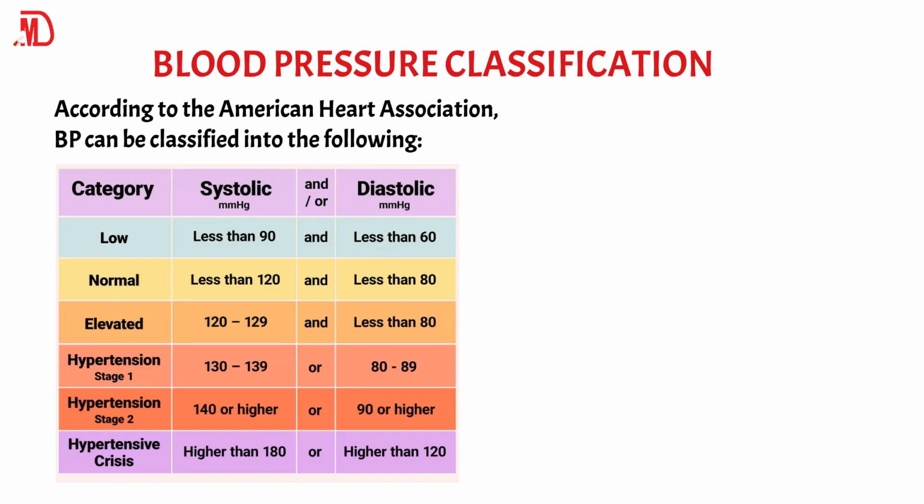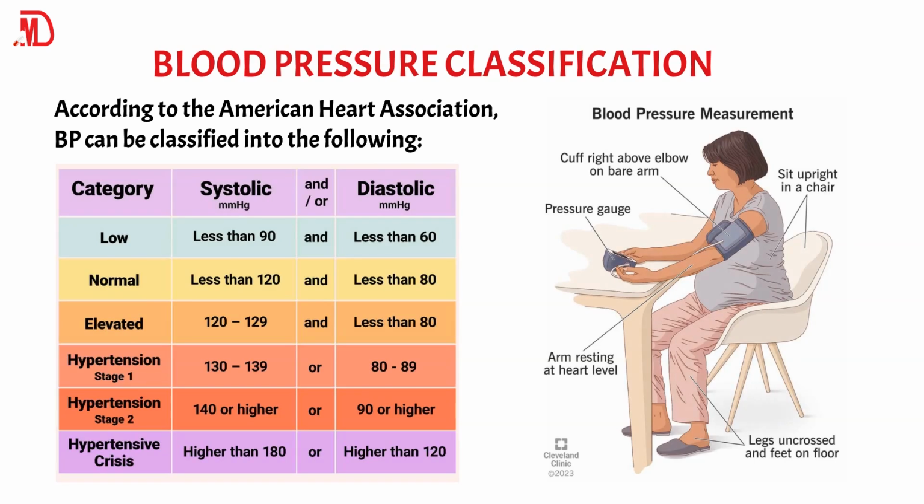That is 140 or higher for the systolic value and 90 or higher for the diastolic value. And then we have hypertensive crisis. That is a systolic higher than 180 and a diastolic higher than 120. So basically, these are the classifications of blood pressure according to the American Heart Association.